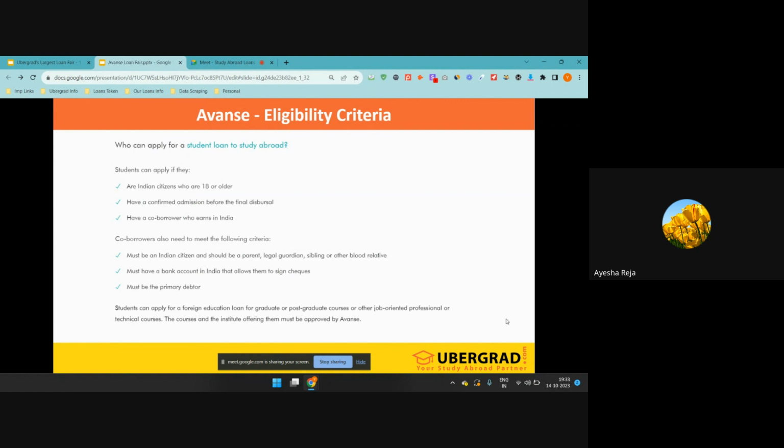Normally we need your KYC and academic documents like 10th, inter, all mark memos, and your PMM and PC, that's it. Coming to the co-borrower, if you are submitting a co-applicant, the minimum salary of any salaried person, maybe your mother, father, brother or sister, should be around 25 to 35,000.